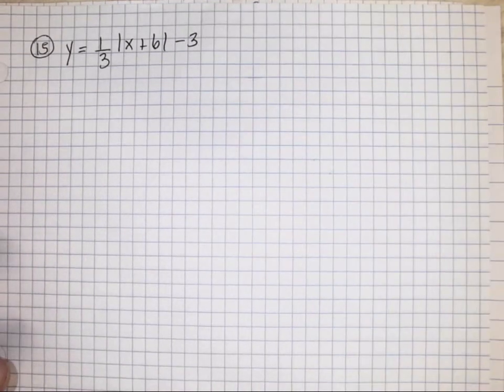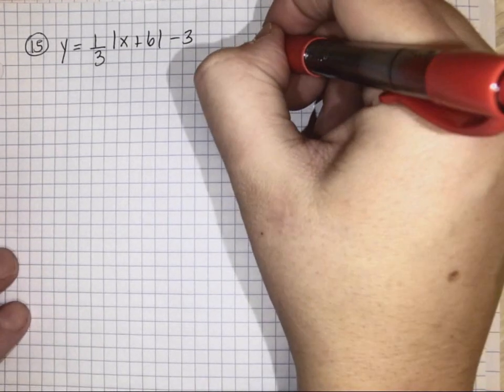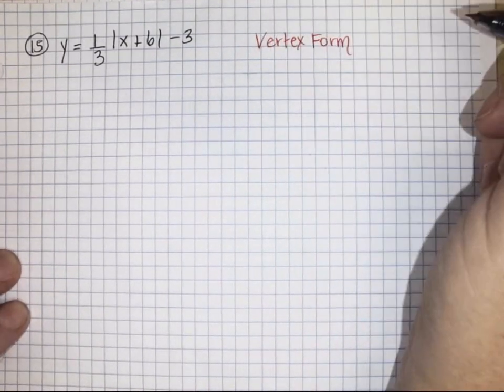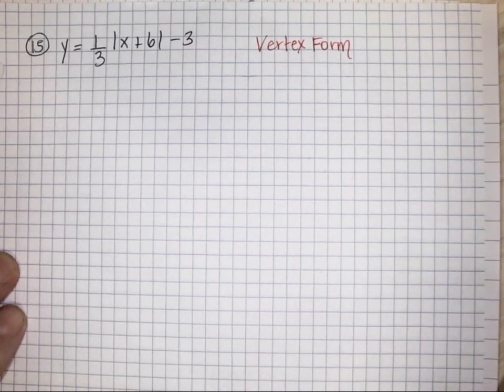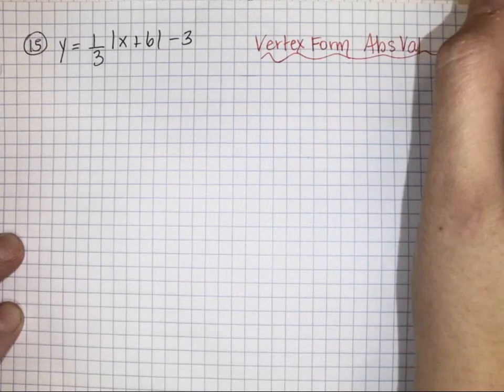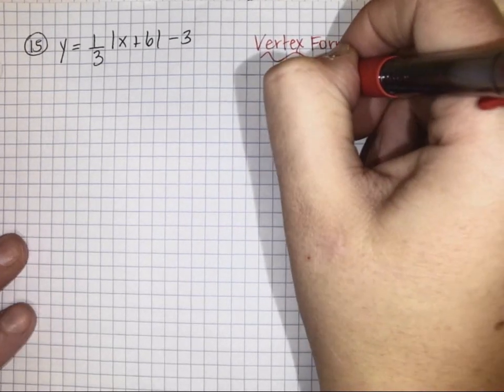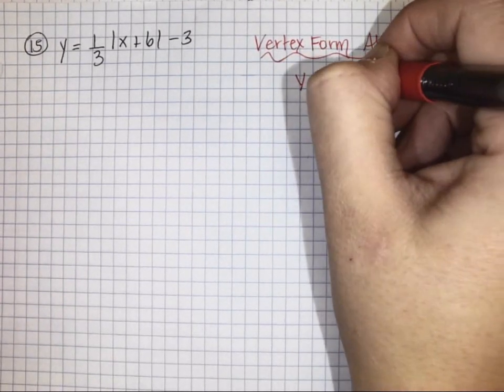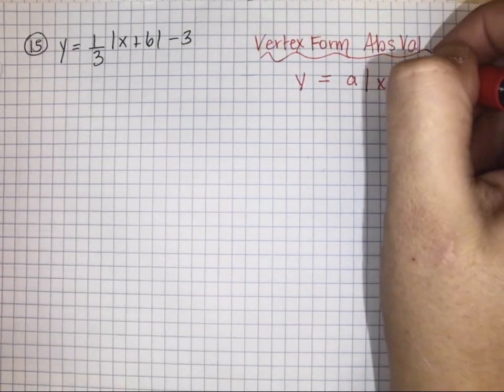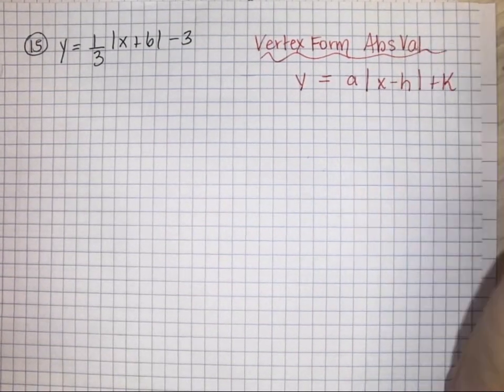if you will recall, vertex form of absolute value is y or f of x equals a times |x minus h| plus k.